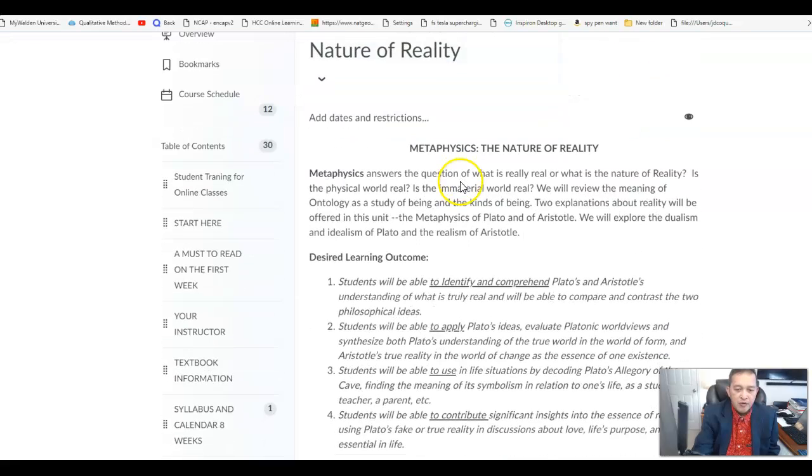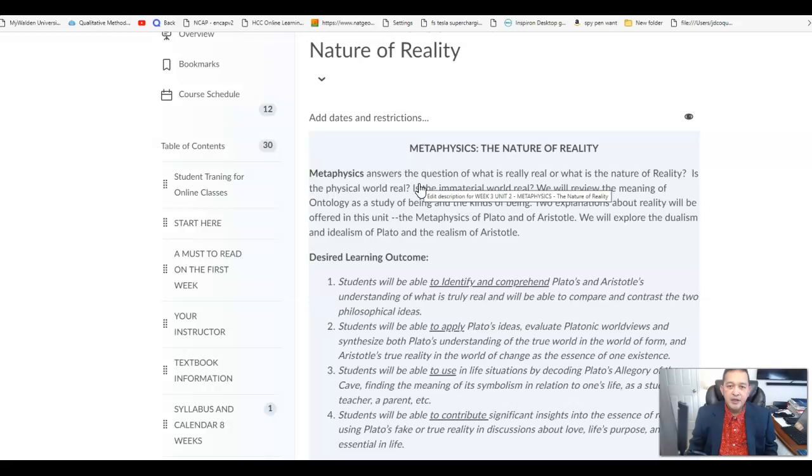Okay, now the main question that we try to answer in this module is, what is really real as against appearance? So what appears to us may not be truly what it is. This is from experience. We have been deceived by what we see in our naked eyes.